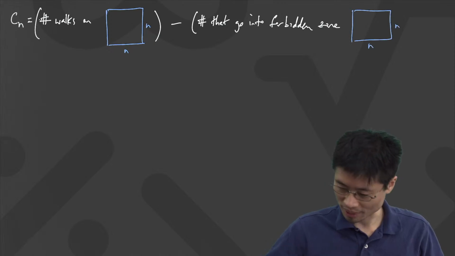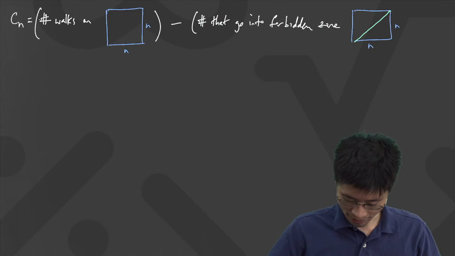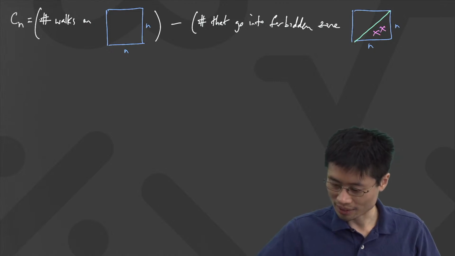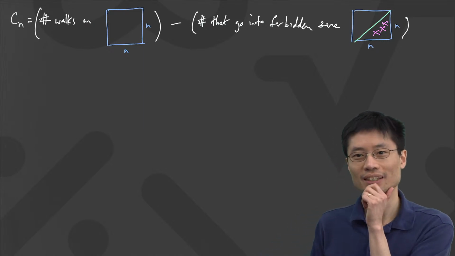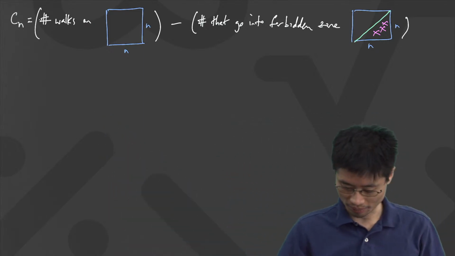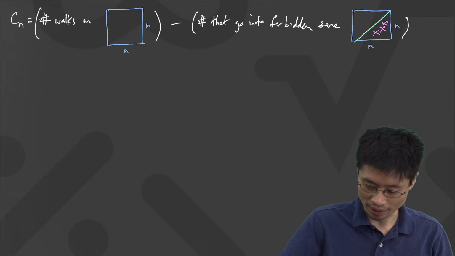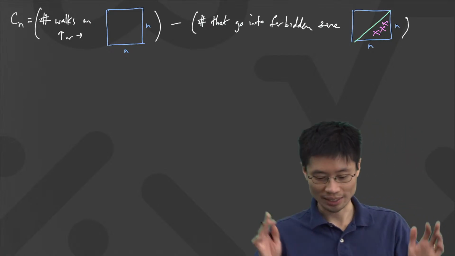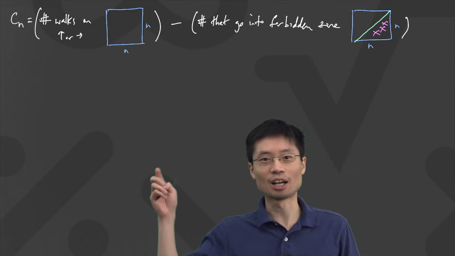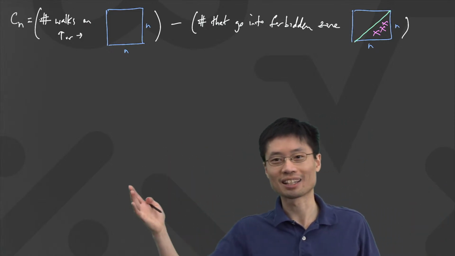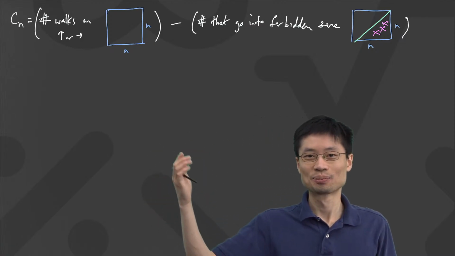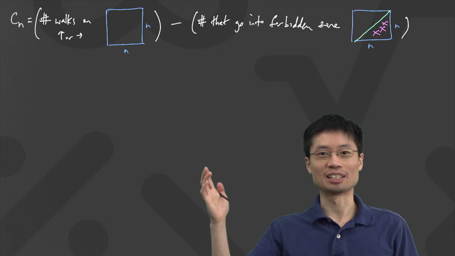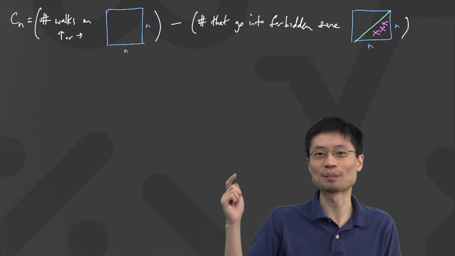The forbidden zone is here. My walks are always up or right. If I allowed myself to also go down or back, the number of walks would be infinite because I could just go in circles. So let's start. Which one is easier? Is there one of them that we can answer right away?